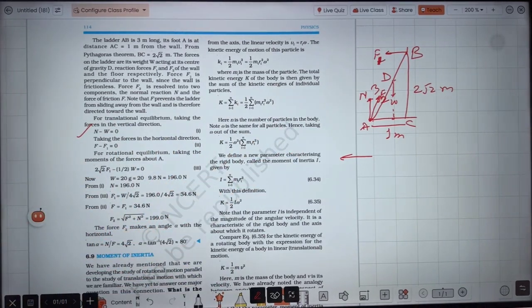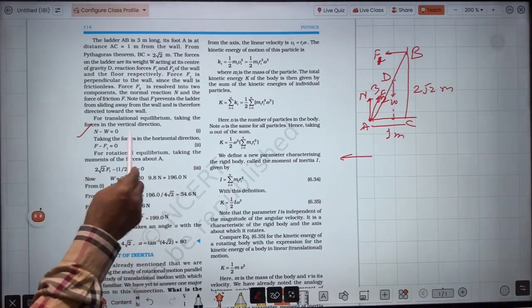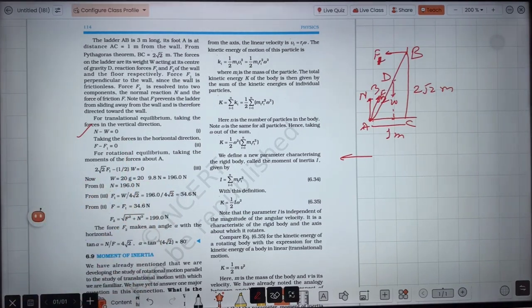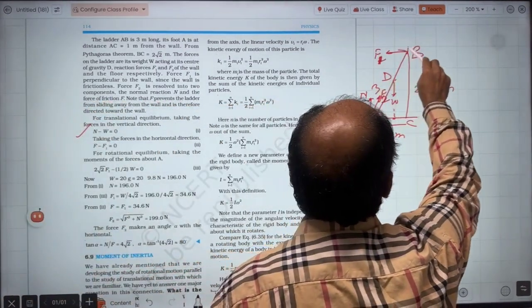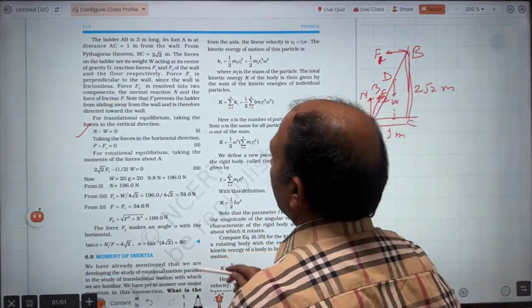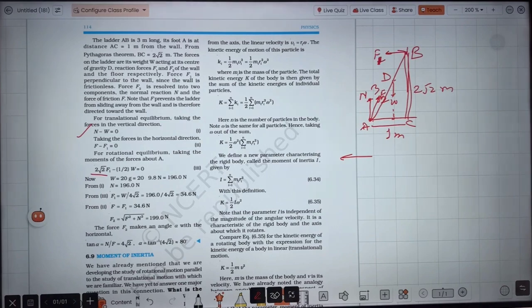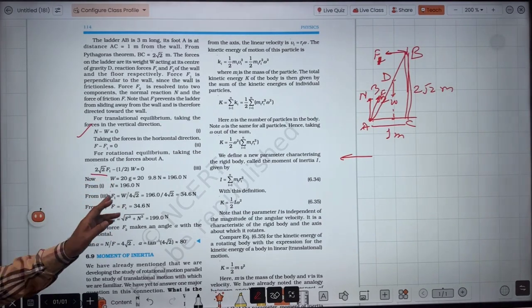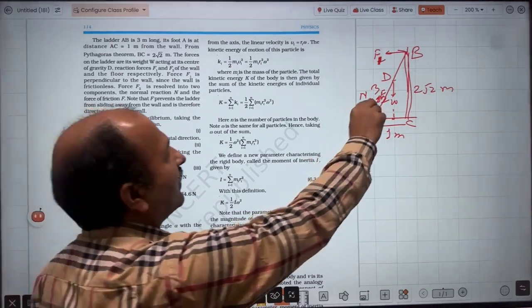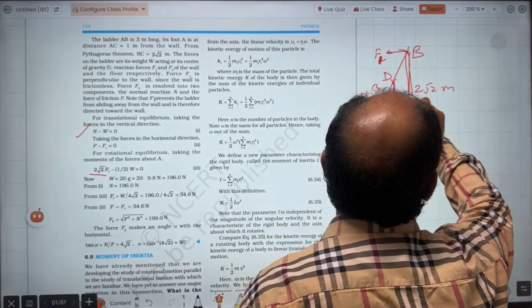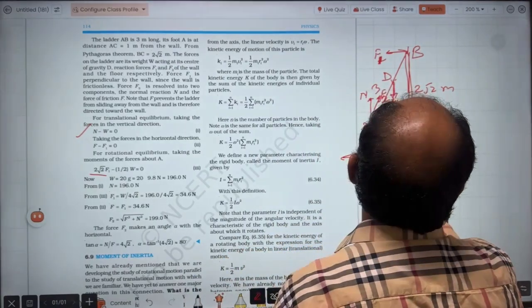And when we consider rotational equilibrium, it means force into perpendicular we will take. So if you take this force, then its perpendicular is BC. So that is why we write 2√2 F1 minus. Here, what about this? For this weight, if weight is acting, so what is perpendicular distance?